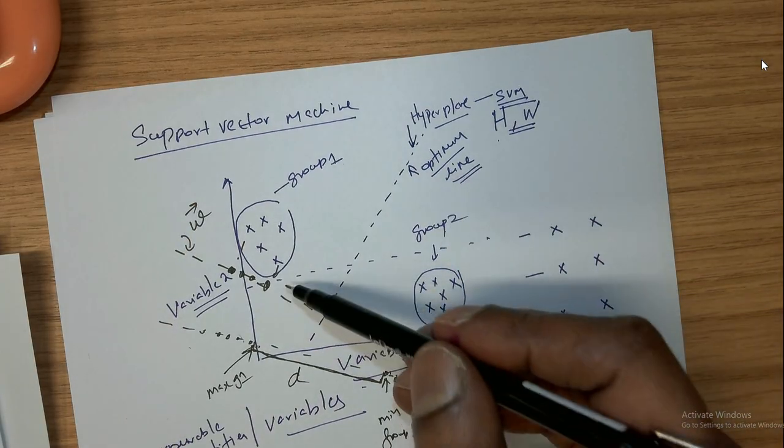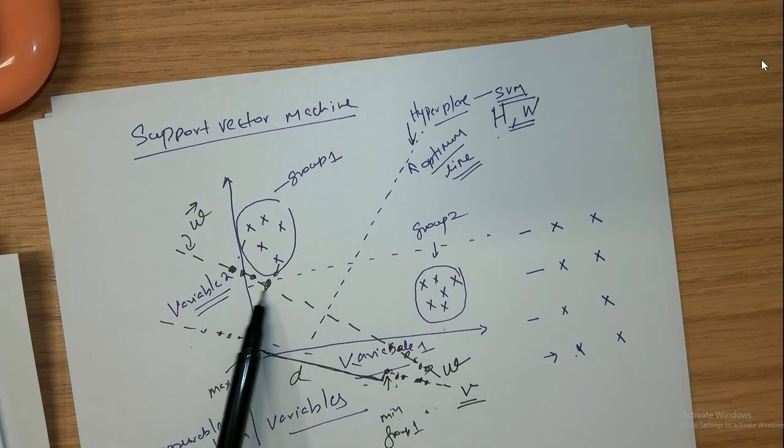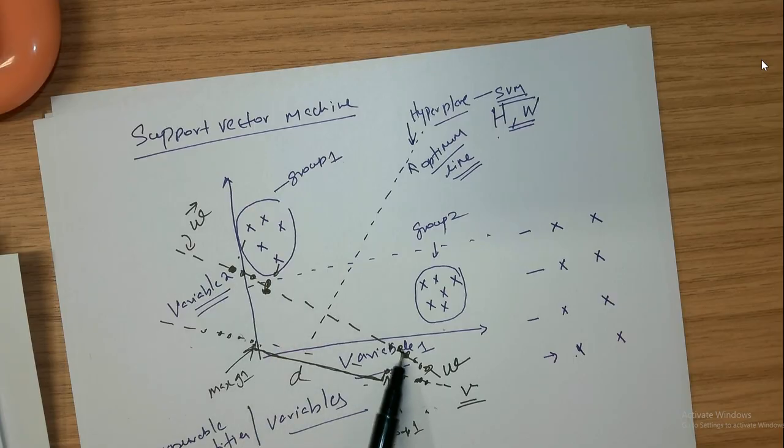Again, now you see the distance between this point that belongs to group 1 and the other point which is here that belongs to group 2.